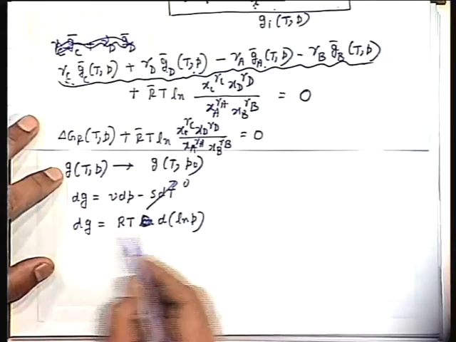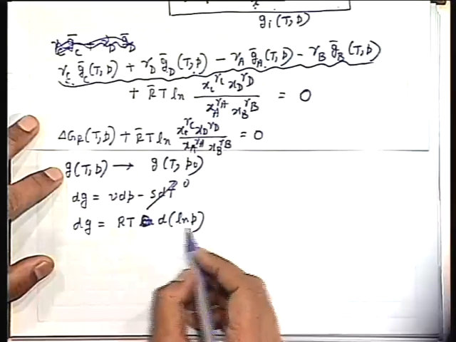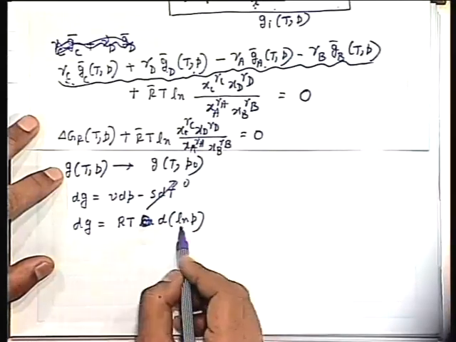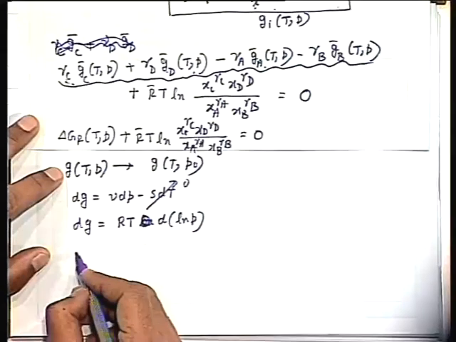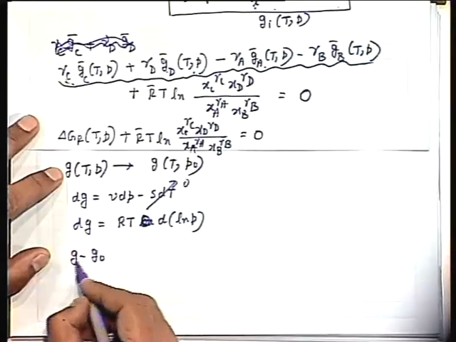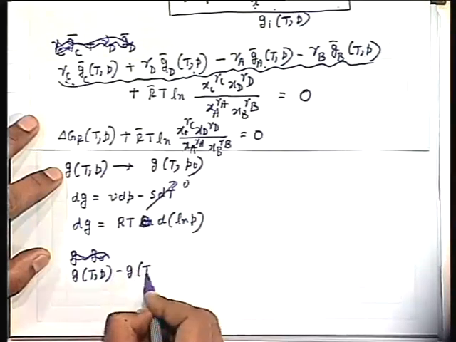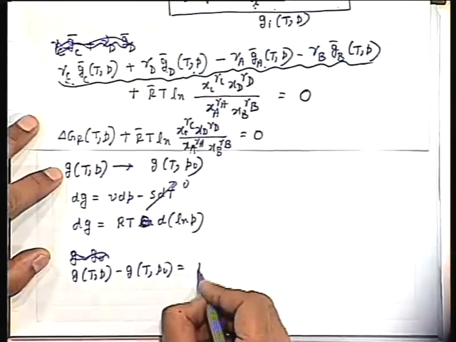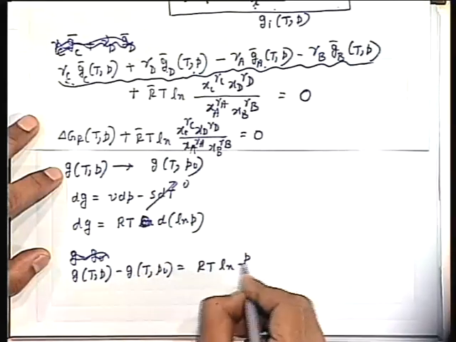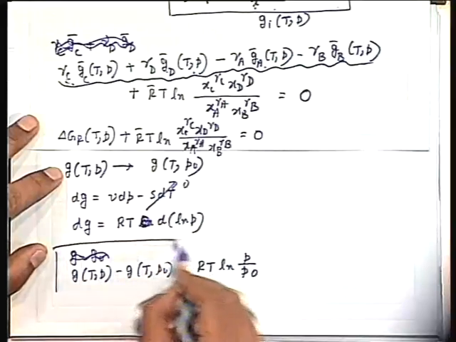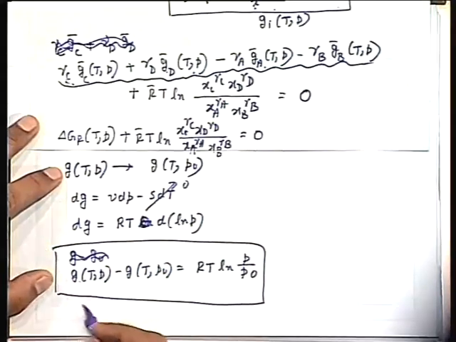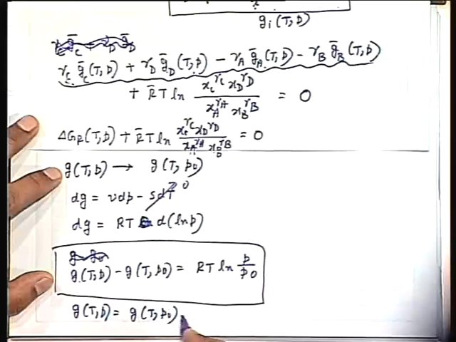Now therefore G of T and P minus G of T and P0, that means you integrate this, RT ln P by P0. That means G T P is G T P0 plus RT ln P by P0.